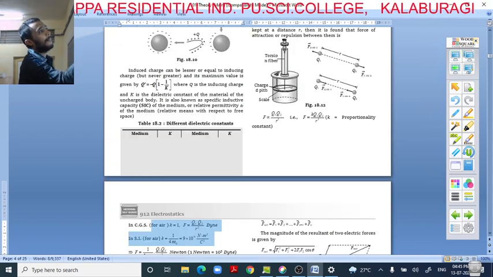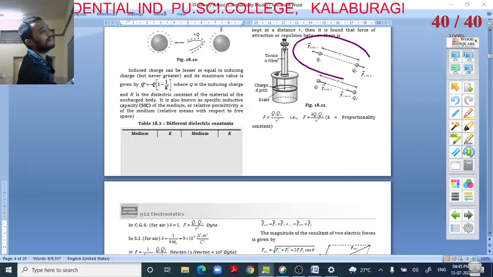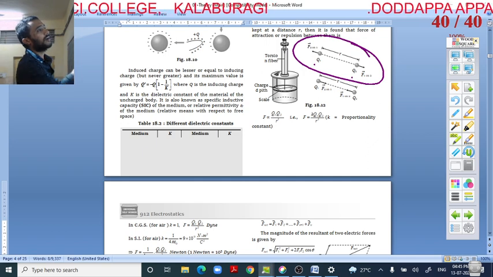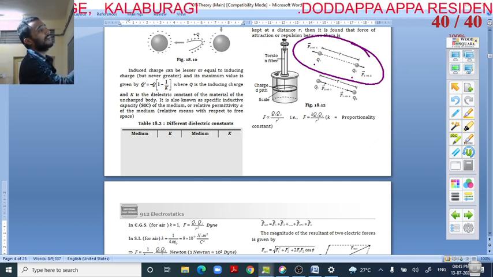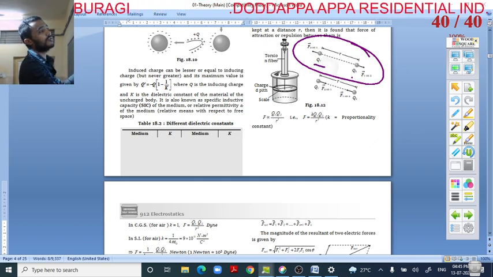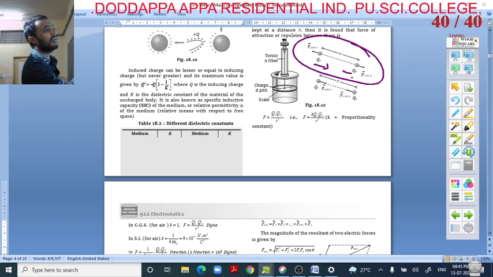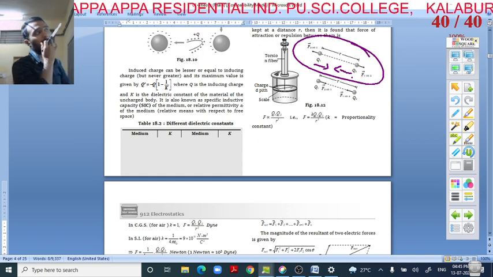Here Q1 and Q2 are the two charges separated by a distance r, and the first particle exerts a force on the second particle. At the same time the second particle also exerts a force on the first particle.